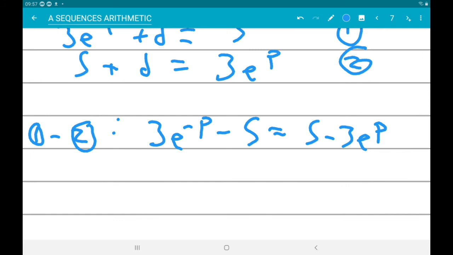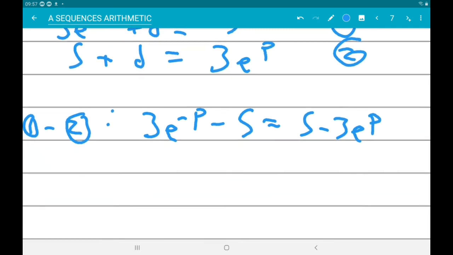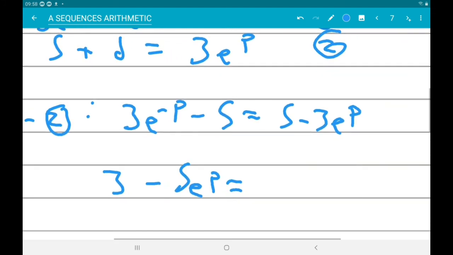So we're going to get 3 minus 5e to the b is equal to 5e to the b minus 3e to the 2b.